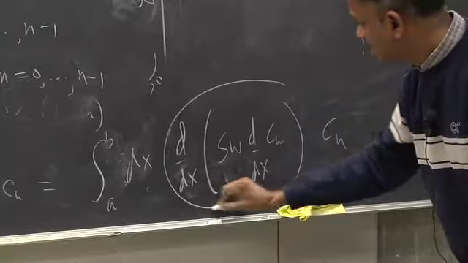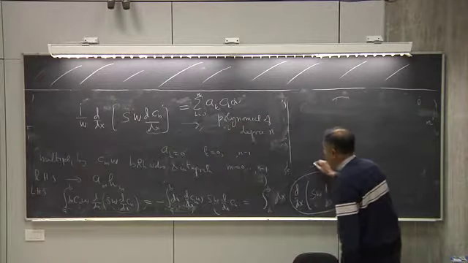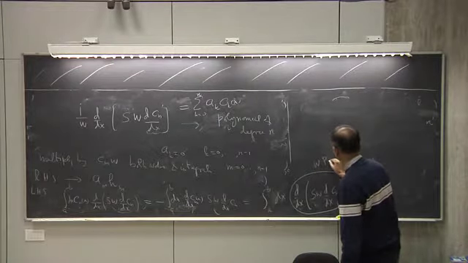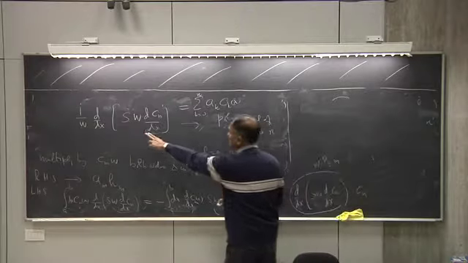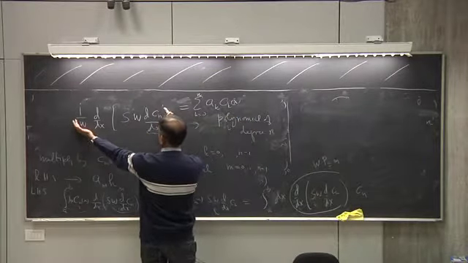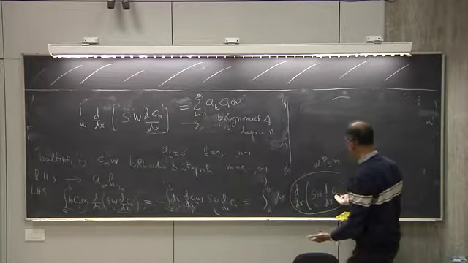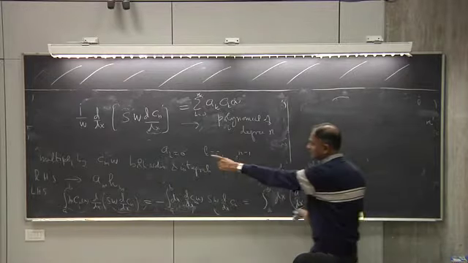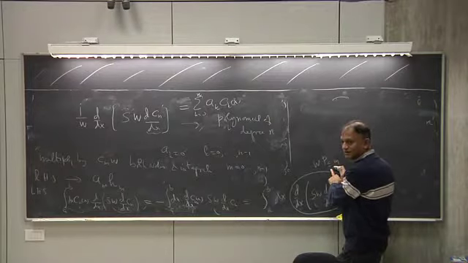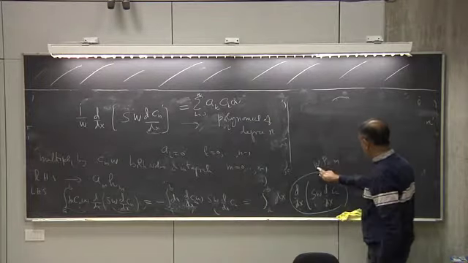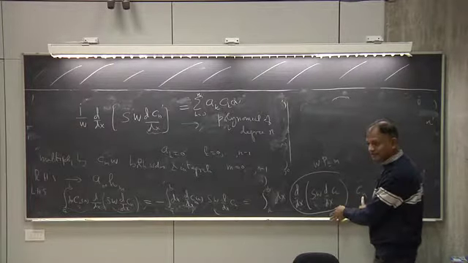But this object we already saw. This object is W times a polynomial of degree less than or equal to m. This statement was general, that for any n, this is a polynomial of degree less than or equal to n. So in particular for m also, since there is a division by W here, this quantity is going to be W times some polynomial of degree less than or equal to m. So now you have W times a polynomial of degree less than or equal to m times C_n, an integral.